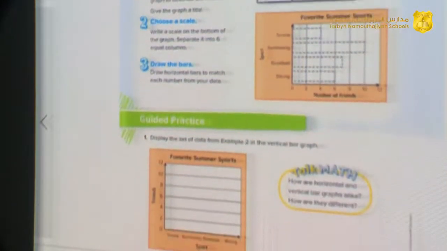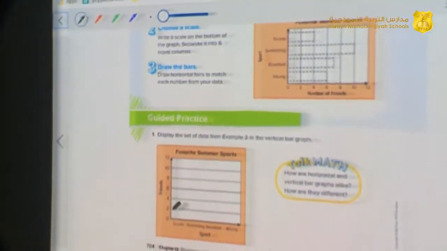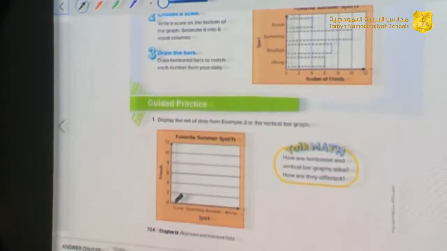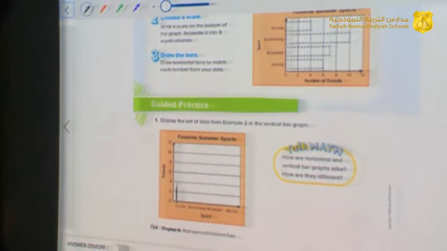Now go to the vertical one to see the difference. We will make it with each other. Tennis was what? Was 4. In the vertical one, we will draw a vertical line, sorry, a vertical bar, ending with 4.